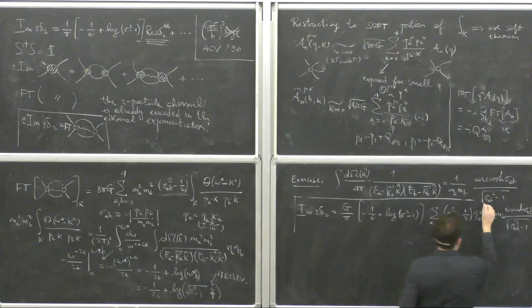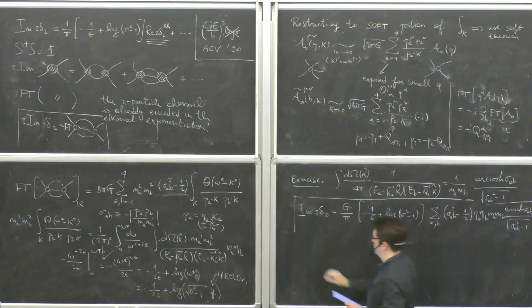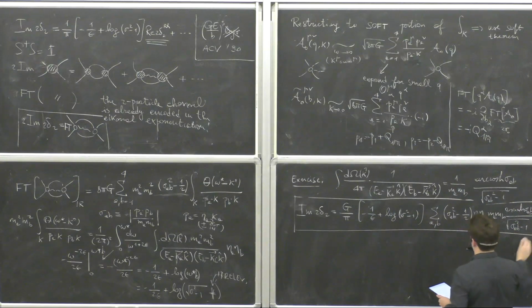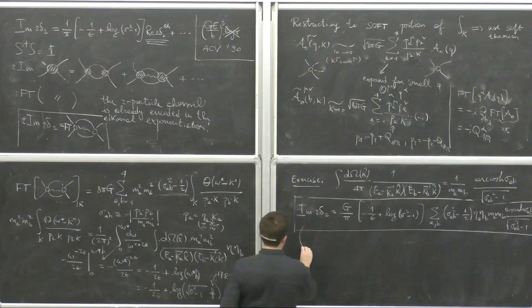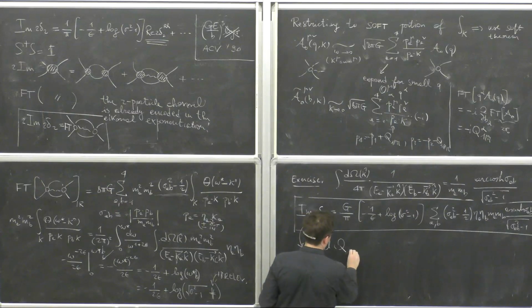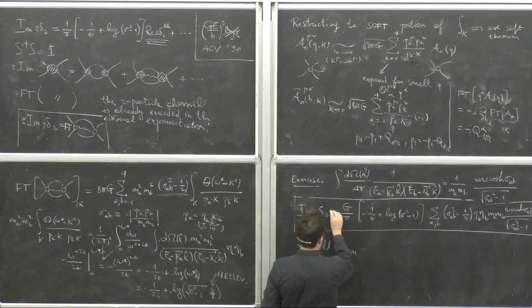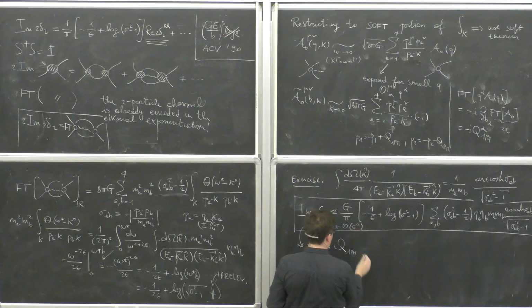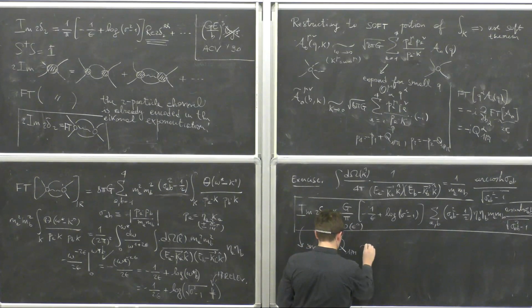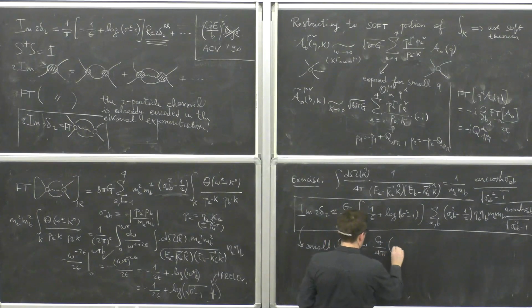So first, you remember our objective was not actually to calculate this in full glory, but we should re-expand it for small q, right? Now for small q, q1 and q2, in that regime the result is very simple. It's 4 pi times minus 1 over epsilon.